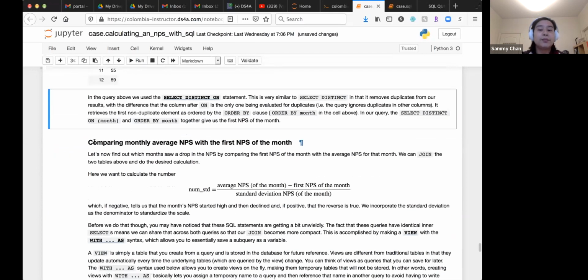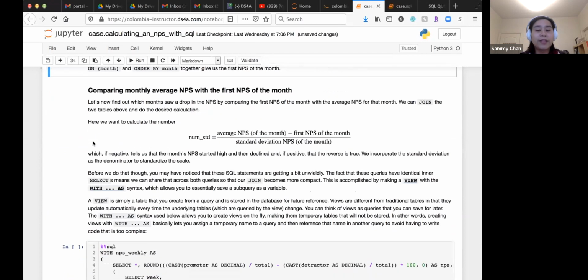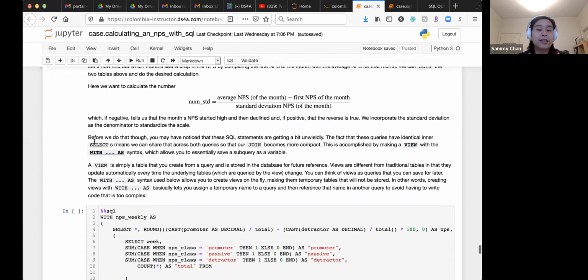So this is pretty much exactly the same. If you're more familiar with pandas, it would be performing the same function as drop duplicates.